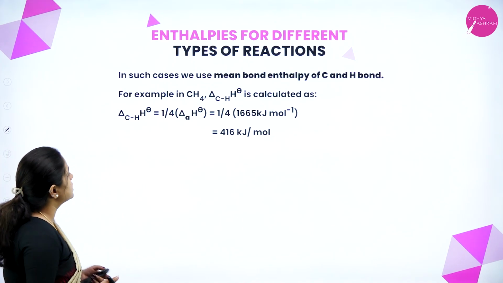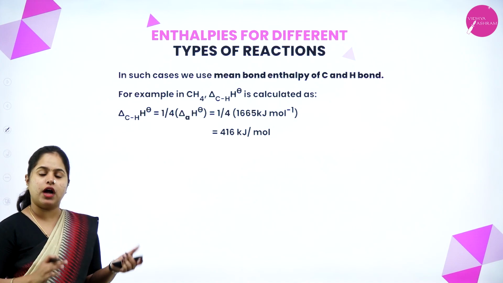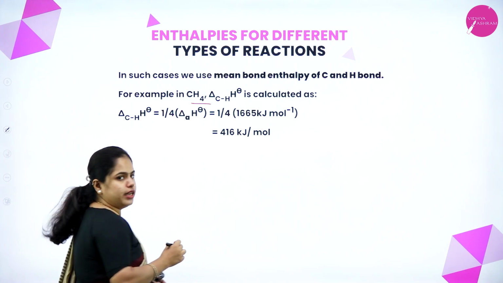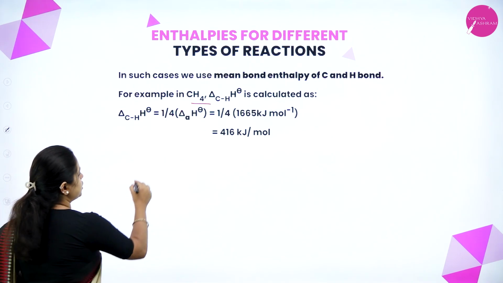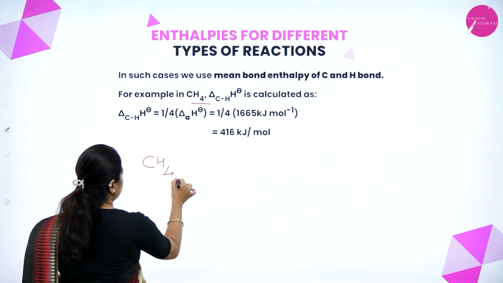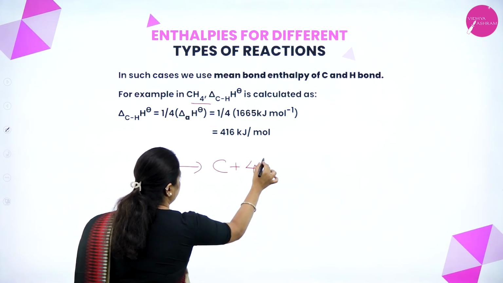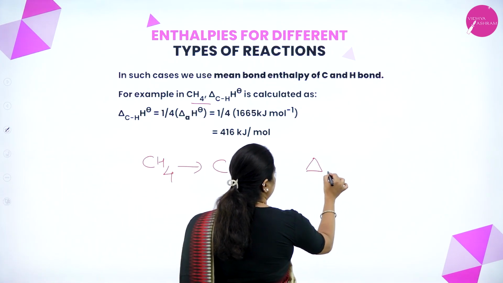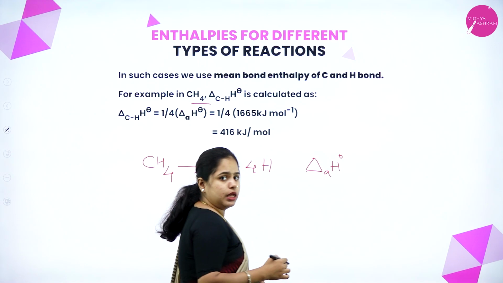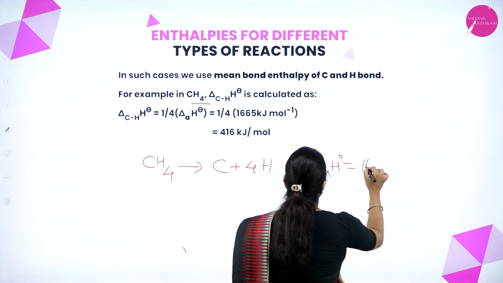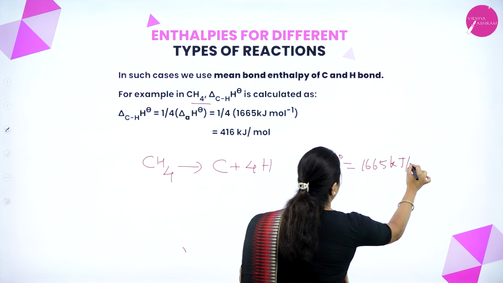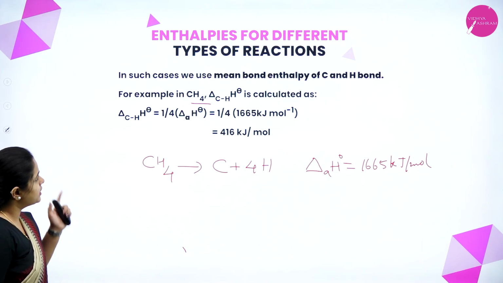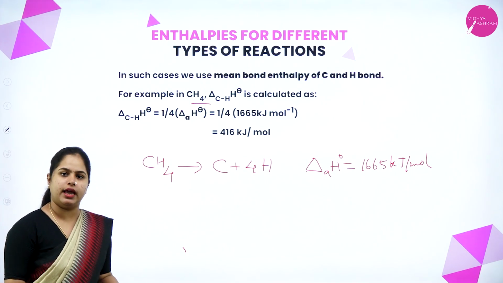Moving on to the next sum. So in this case, we use the mean bond enthalpy of carbon-hydrogen bond. So for example, we calculated the value for the enthalpy of atomization from methane, carbon plus 4 atoms of hydrogen, right? And the standard enthalpy of atomization was calculated as 1665 kilojoule per mole, right? But in such cases, we have to use the mean bond enthalpy.